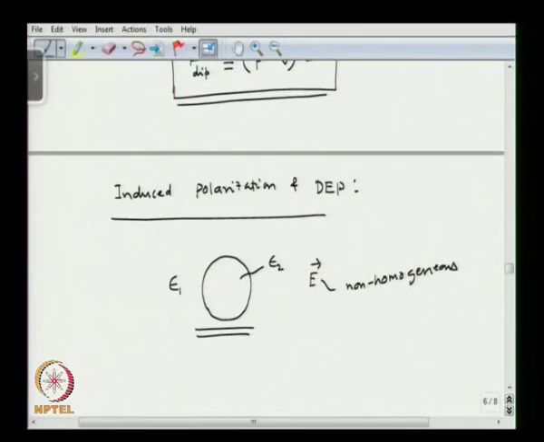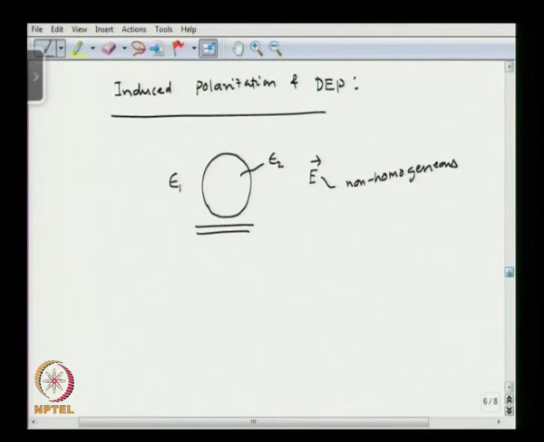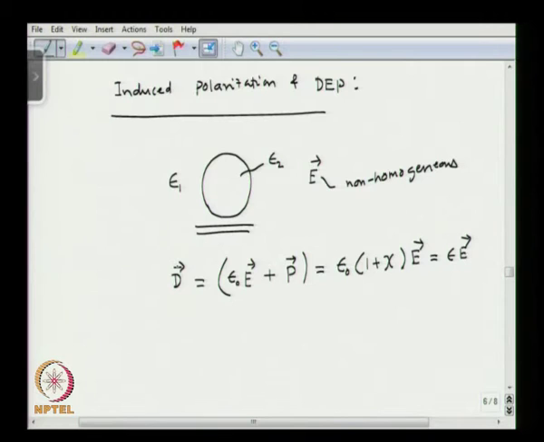The electric displacement D is given by epsilon 0 into electric field plus the polarization. This is also something we had looked at earlier. So this will be epsilon 0 into 1 plus psi into electric field, which is equal to epsilon into E.